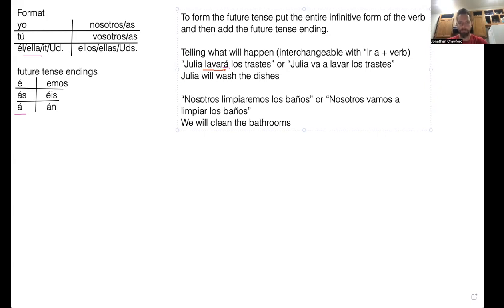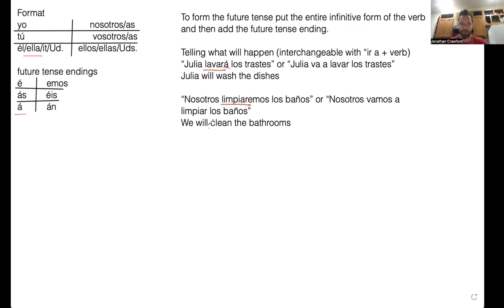But if the verb to clean, limpiar, if you want to use that verb in the future tense, and it's nosotros, see how it's nosotros? Well, nosotros, that's the upper right hand. And so we have to use this future tense ending, emos. We put the entire unconjugated form of the verb, limpiar.